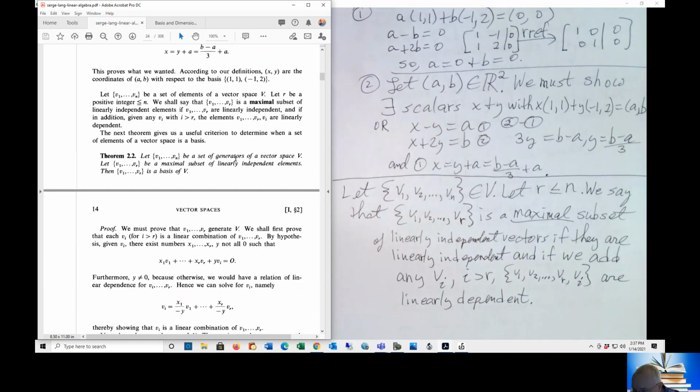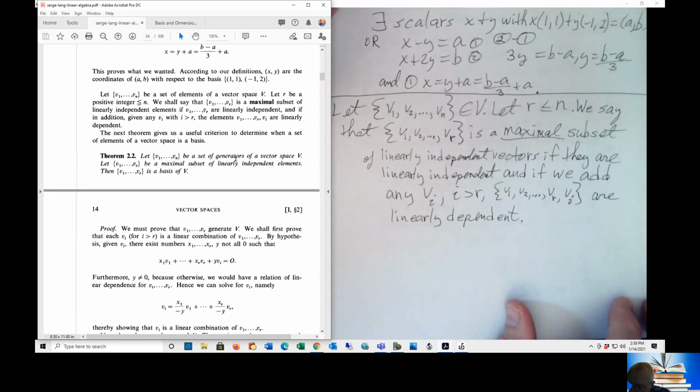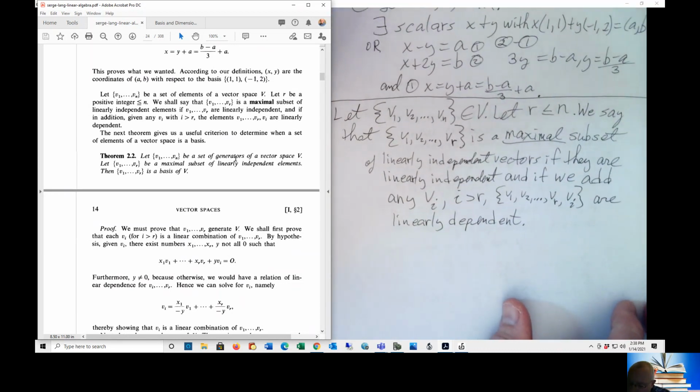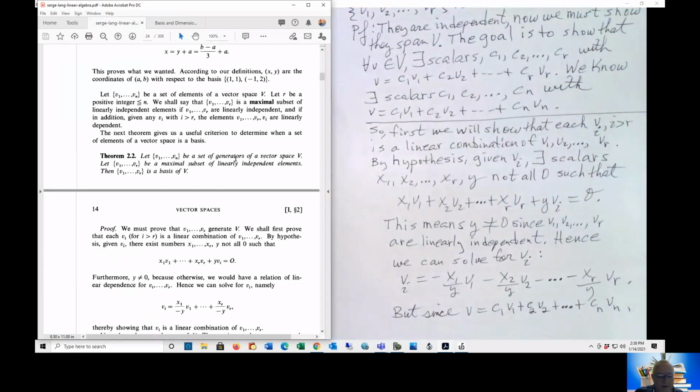That's why it's called a maximal independent subset. Okay? Now, the proof is a little involved, but I do want to go through it with you. All right? So here we are. Now, that's the statement of theorem 2.2.